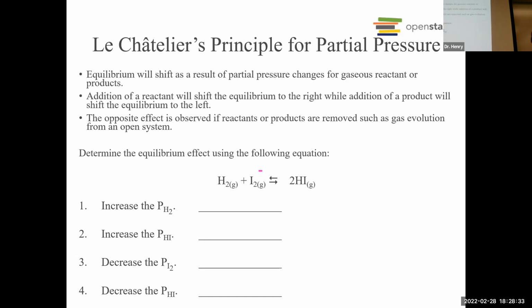Okay, so we'll say green. Okay, so if we increase the pressure of the hydrogen iodide, so to the left. That's correct.